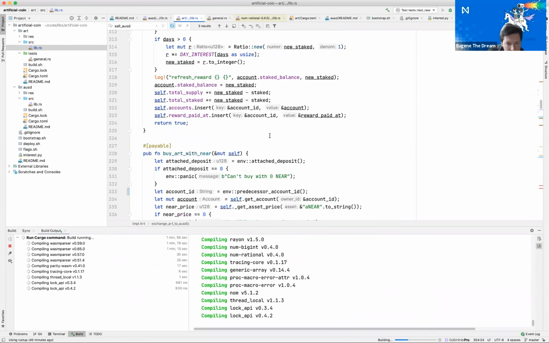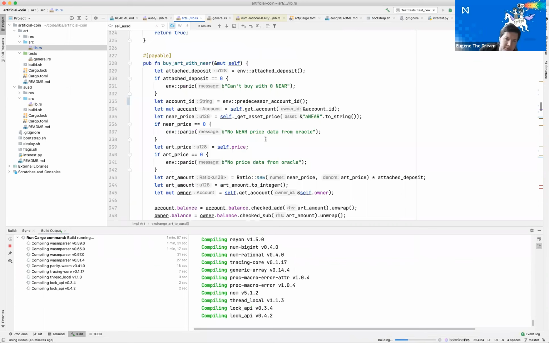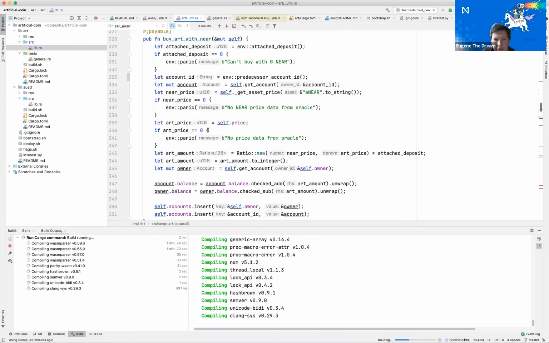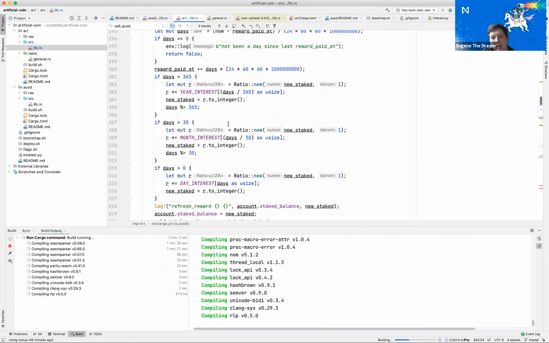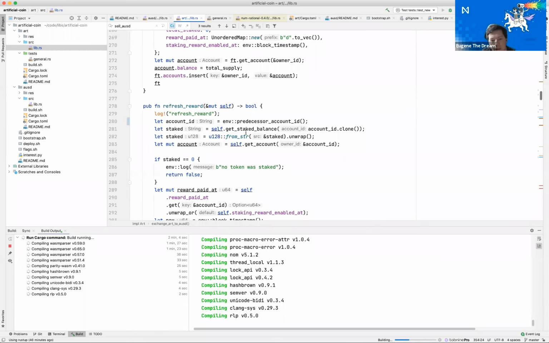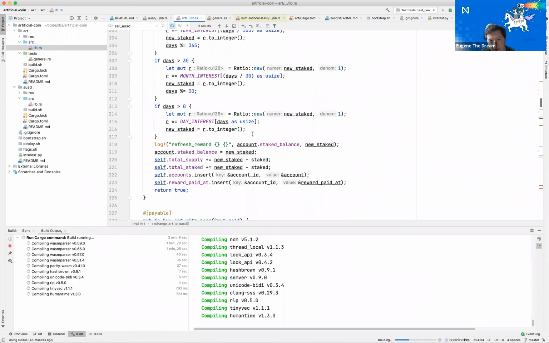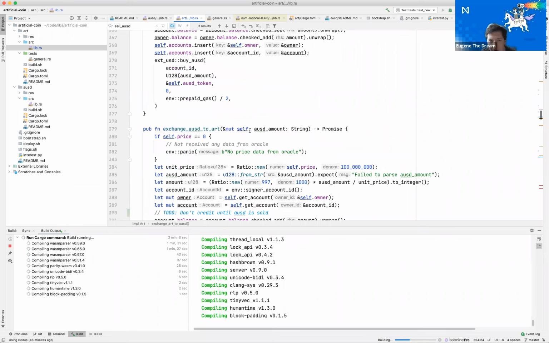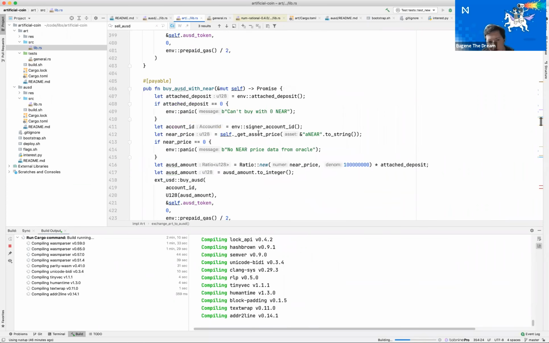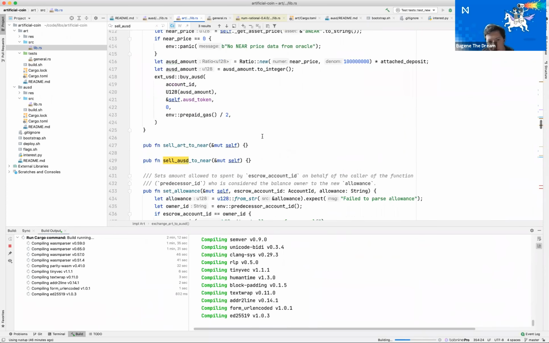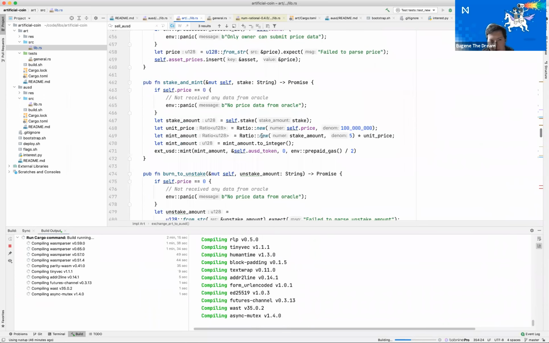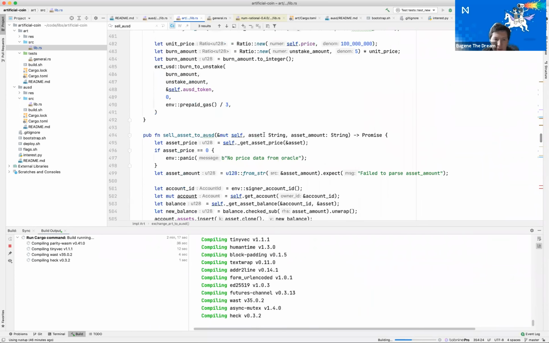So there is no way out of art or AUSD to near, so that's why there's no stability from the other side, unless we looked somewhere and there was one. So there's only a market that does this.